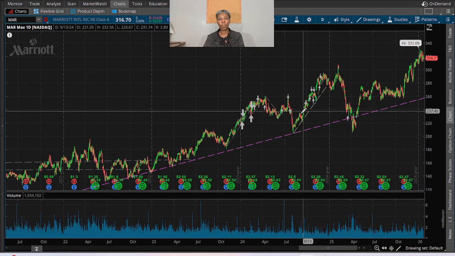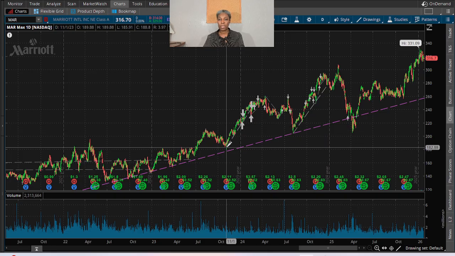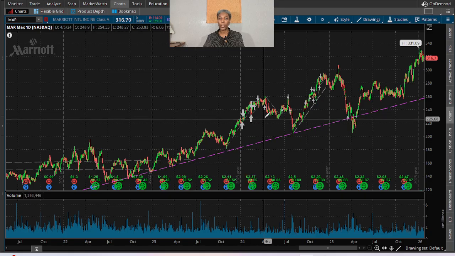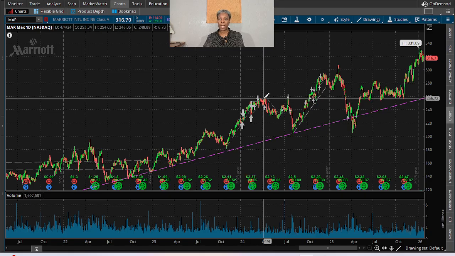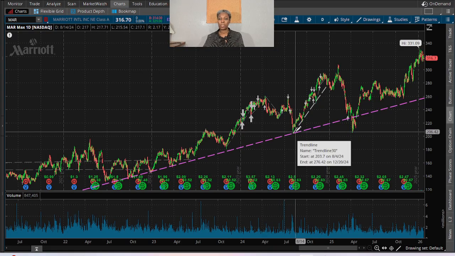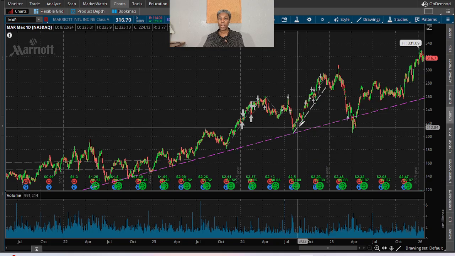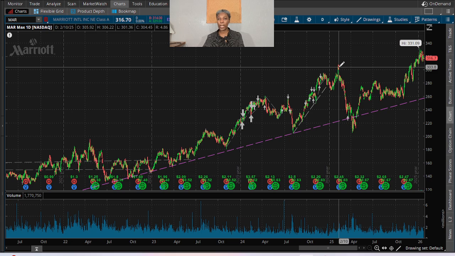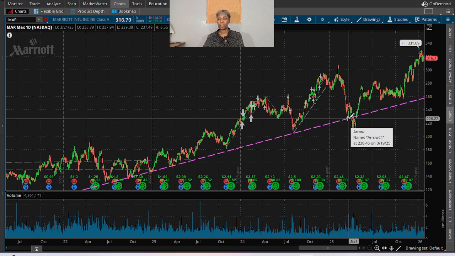What I'm looking for though is, for instance, when it touched base with this was in October, and it reached this high point in April, and then pulled back in August, and then reached an all-time high in December, pulled back a little bit, went up again in February, and pulled back.